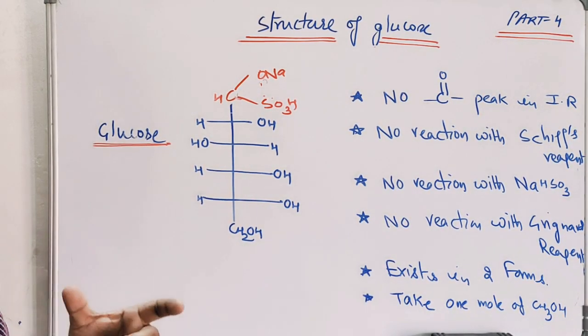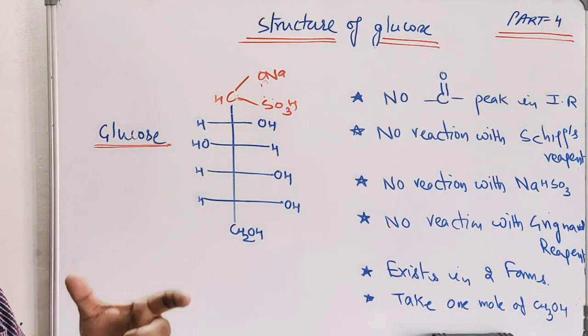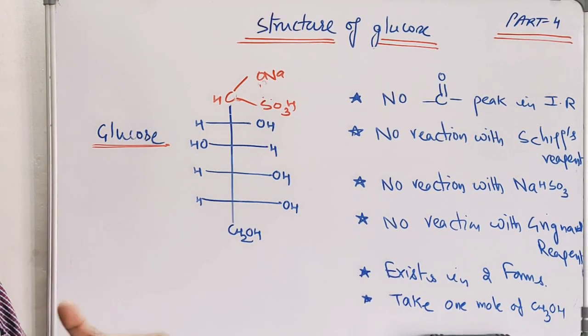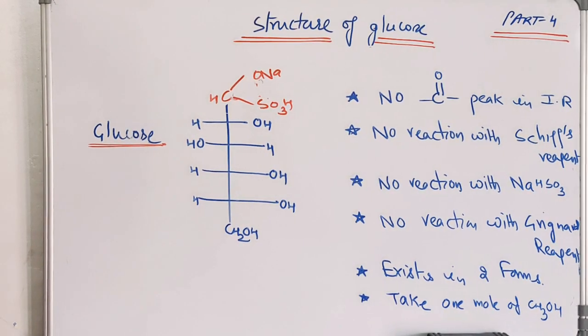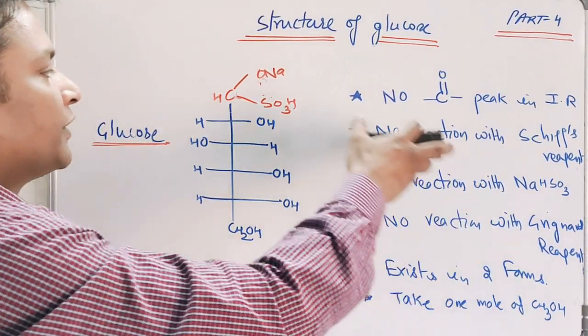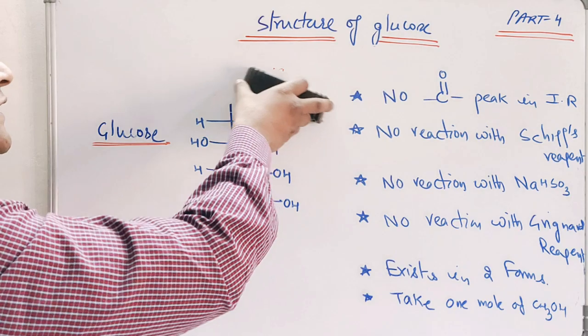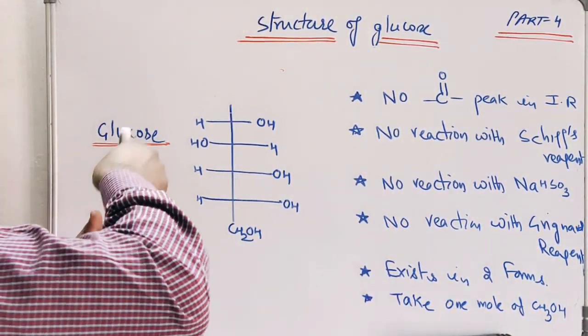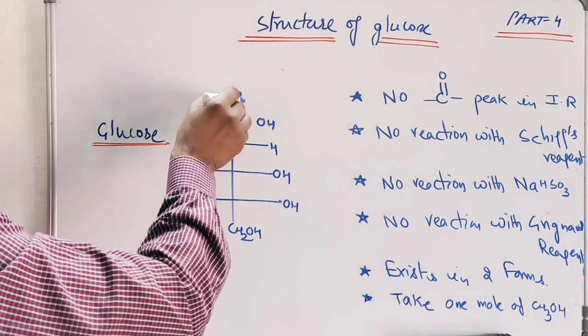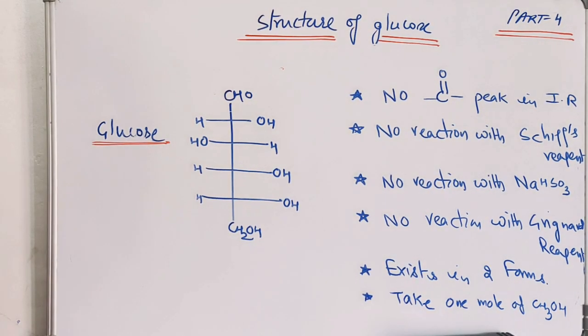So they have a tendency to give us the addition product with sodium bisulfite. All aldehydic compounds have a tendency to give addition reaction with sodium bisulfite, but no reaction was observed with glucose when it was treated with sodium bisulfite. So again it created a doubt in the mind of the researcher why no aldehydic reaction was observed, which is shown by all aldehydes. Why no such reaction observed with glucose?